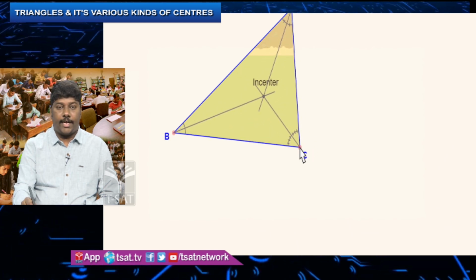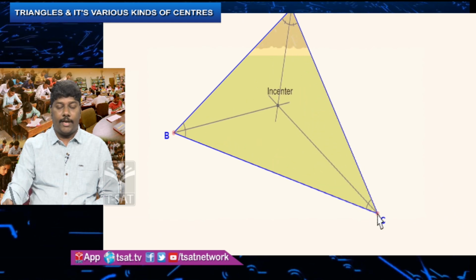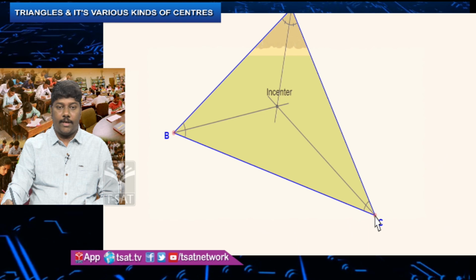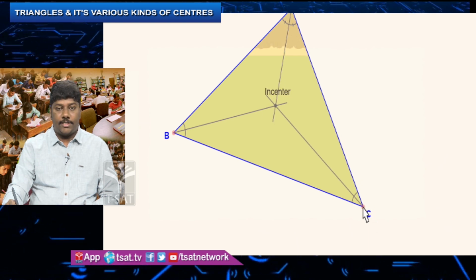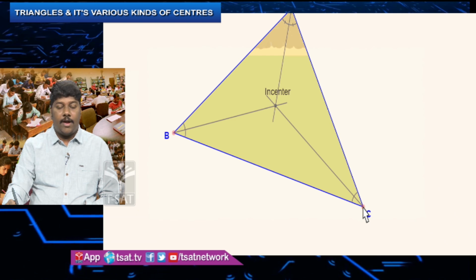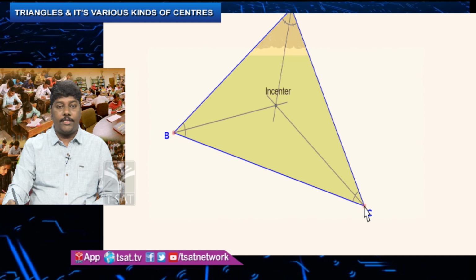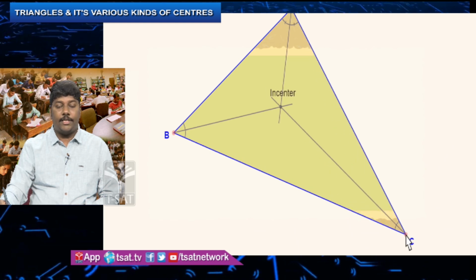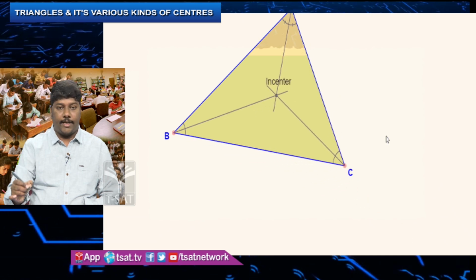This is a right angle triangle, in center stays inside. Even if you take an acute angle triangle, all angles are acute angles, here also it stays inside. So for all triangles it stays inside because it's an in center. And in center is equidistant from all its sides, not from vertices. It is equidistant from all its sides because you draw a circle inside.